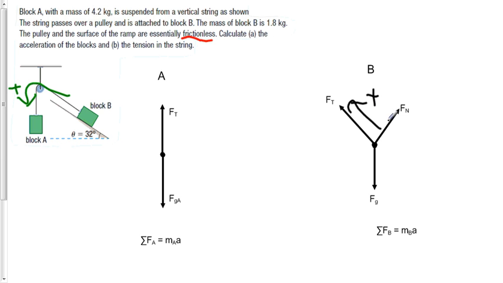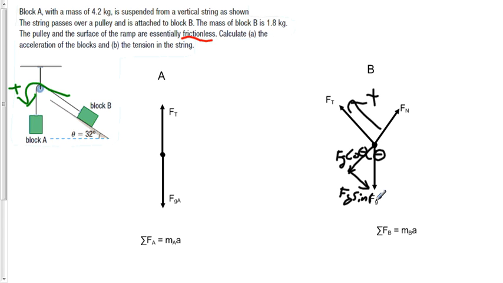I'm going to ignore everything in the other direction for right now, because we don't have any net forces there. The normal force is equal to this force here. This is our angle theta again. This force here is equal to Fg cos theta, and this one down here will be Fg sine theta.